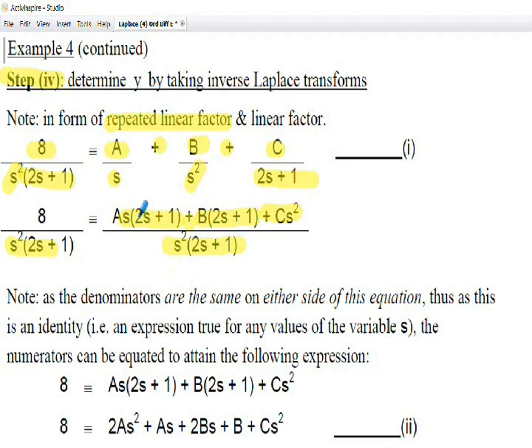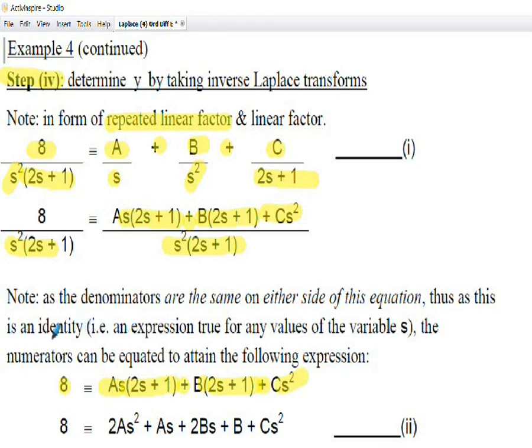I suggest you just take a moment to think that through for yourselves. All I'm doing now, once the denominator is the same, I can simply equate the numerators. So 8 on the left hand side, on the right hand side is a times open bracket 2s plus 1 plus b times open bracket 2s plus 1 plus c times s squared.